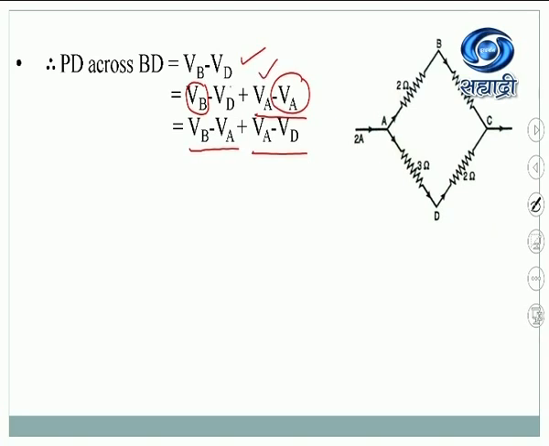Same terms, just rearranged. Now VB minus VA, if you see back, VA minus VB is 2, so VB minus VA must be minus 2, remember. And VA minus VD is 3. Therefore, this value is equal to 1 volt. So the potential difference between B and D must be 1 volt. So this is the answer.